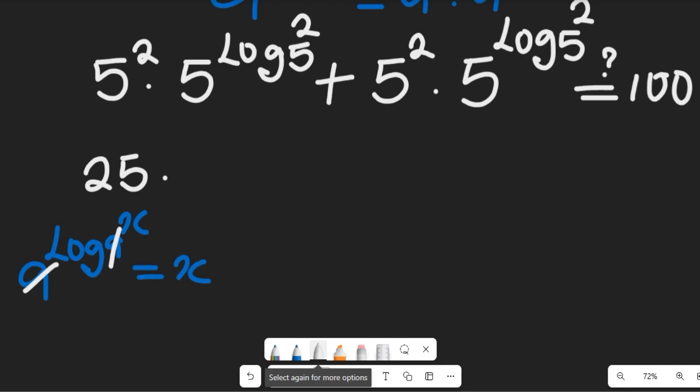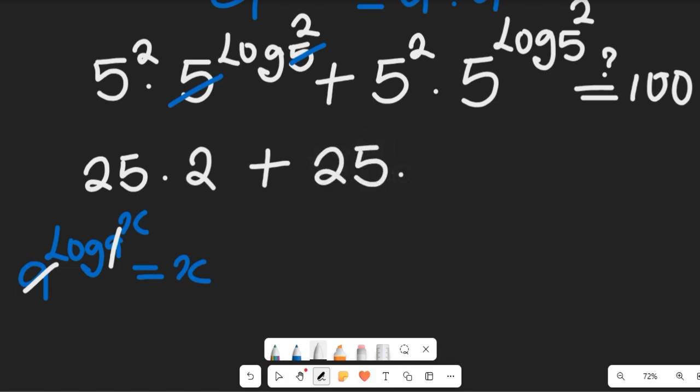So if we apply that over here, 5 can cancel out 5, and then we'll have remaining there 2, right? Plus 5 to the power of 2 is 25, multiplied by, over here 5 will cancel out 5, and then we'll be left with 2.